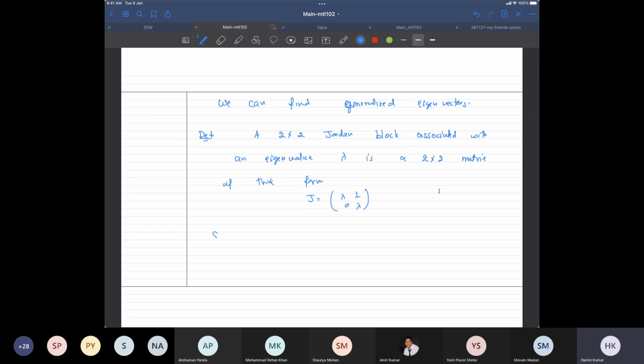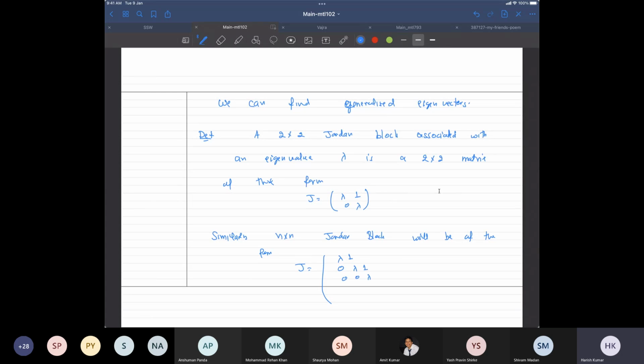Similarly, an n cross n Jordan block will be of the form J: on the diagonal you will have lambda, and immediately after the diagonal entry you will have 1.